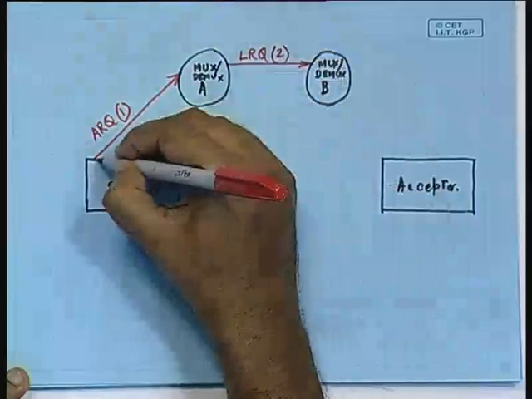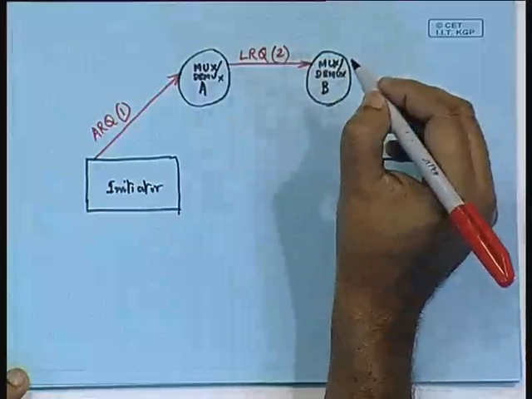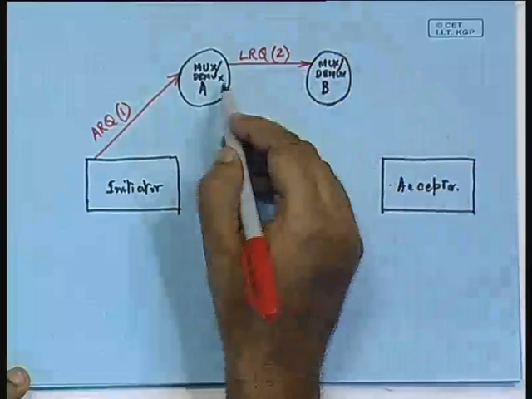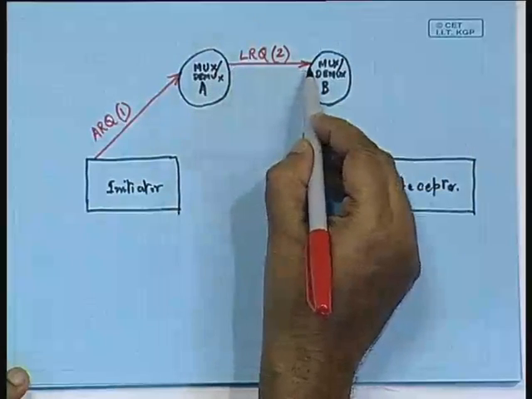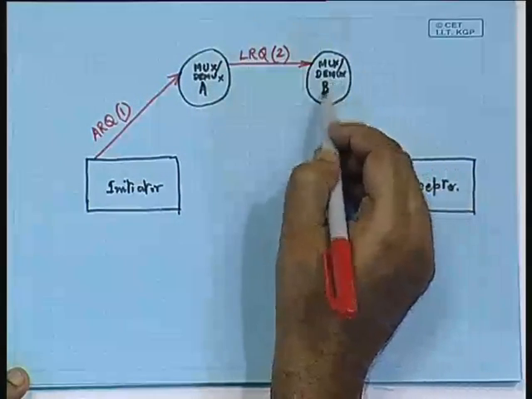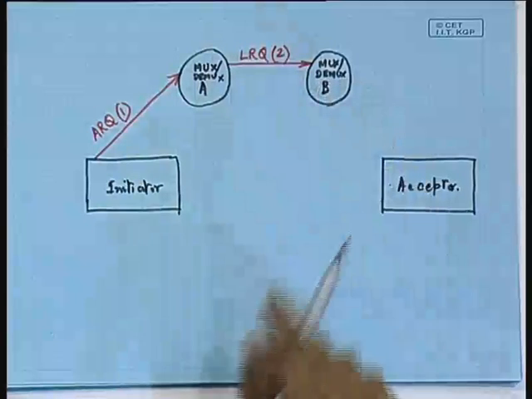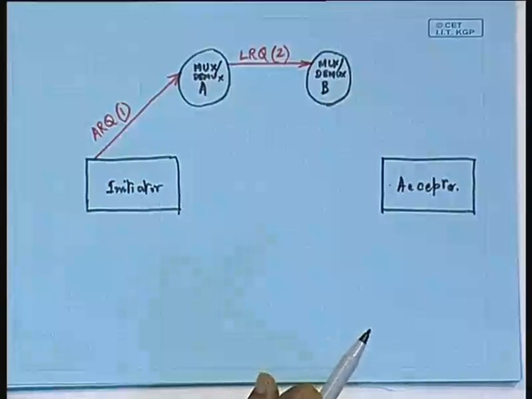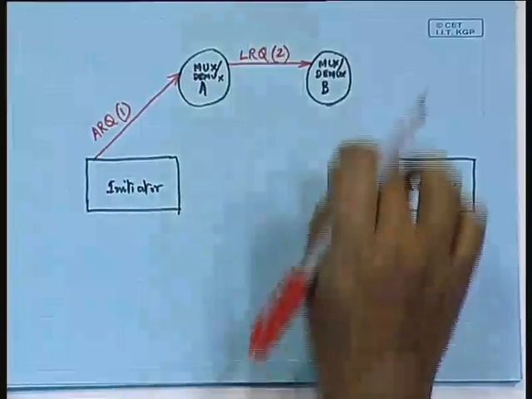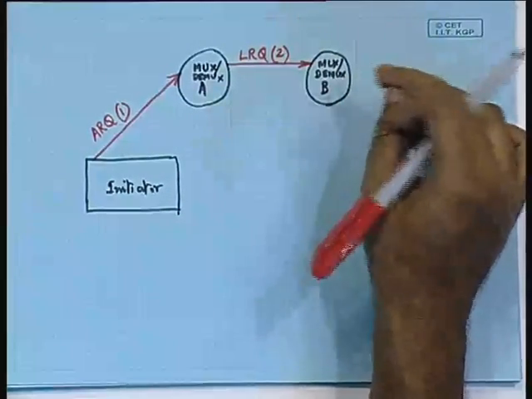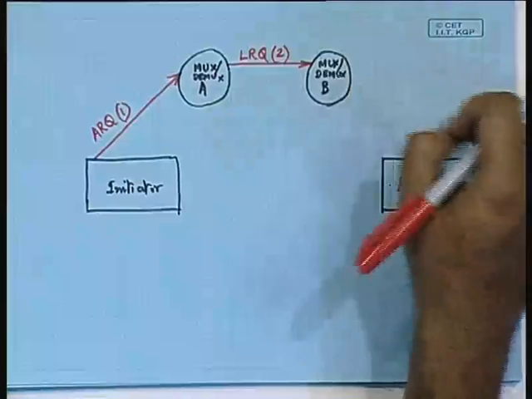So, the first step was the initiator sending an admission request to the multiplexer, and then the multiplexer sending a location request to the demultiplexer. In fact, it will be sent to all the demultiplexers to which it is connected. But the particular demultiplexer to which the acceptor is actually connected will respond.